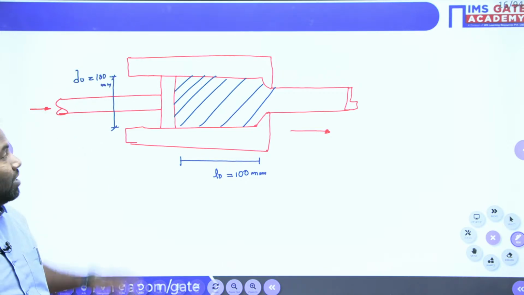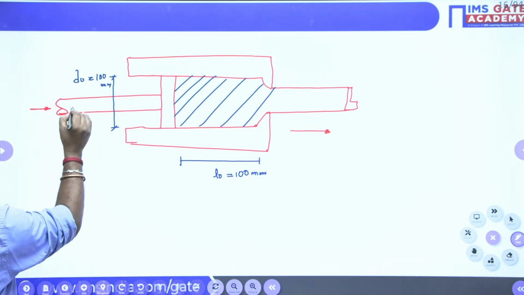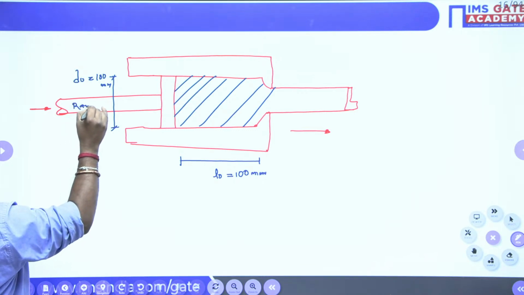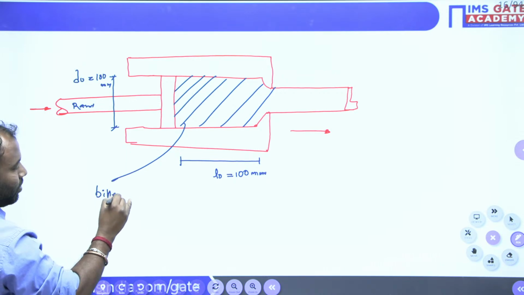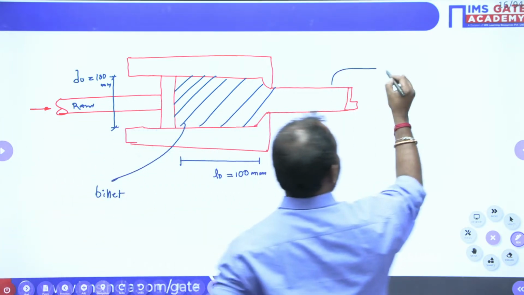Right. So if I operate the ram, and this is my billet, then this is your extruded L-shaped component.